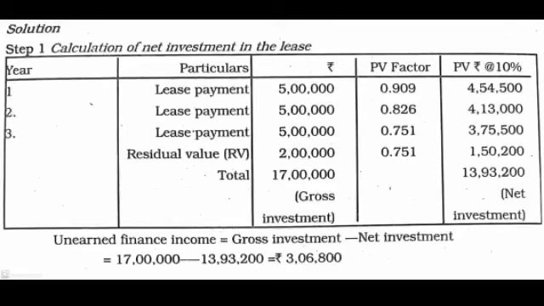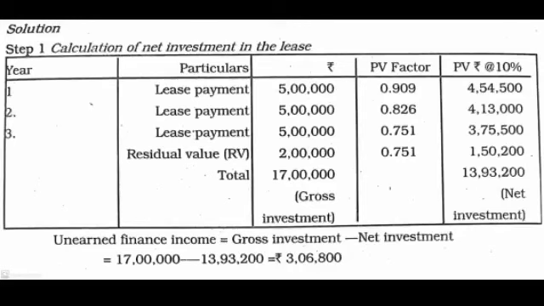For the first year, the lease payment amount is 5 lakh. We multiply the 5 lakh with 0.909, which is the PV factor. The amount is 4 lakh 54,500. The second and third years repeat the same.